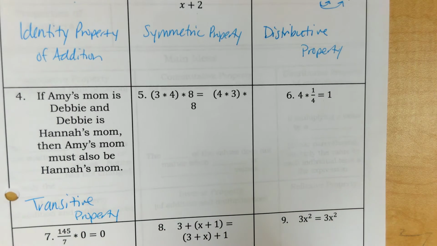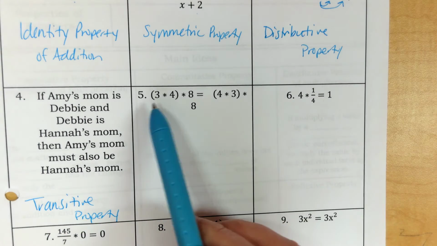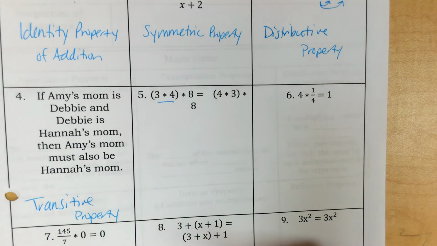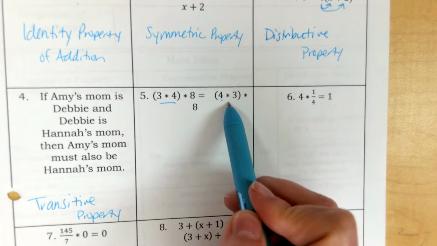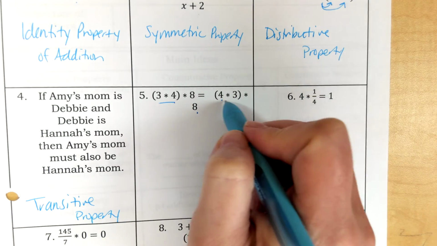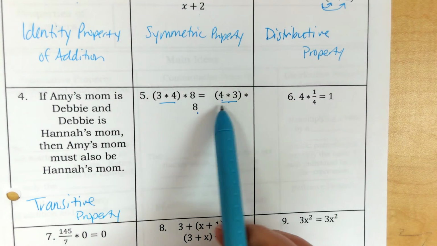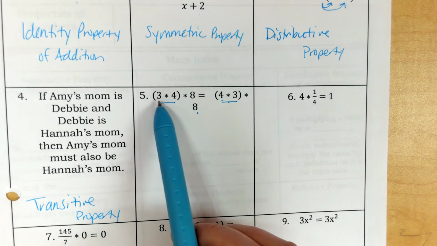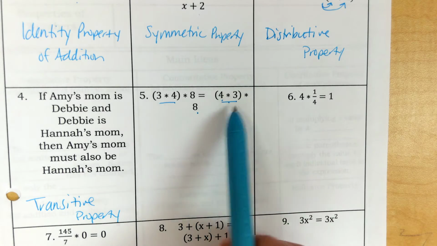All right, question number 5. We have 3 being multiplied by 4 being multiplied by 8, but we're grouping 3 and 4. Then we have 4 being multiplied by 3 multiplied by 8, and we're still grouping 3 and 4. Notice here that my group has stayed the same, but what has changed is the order of what I'm doing.